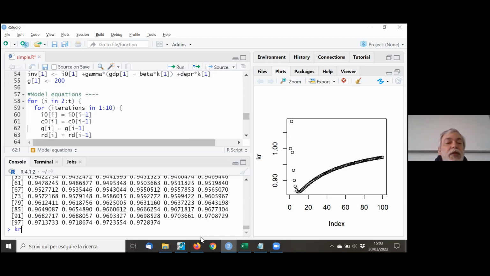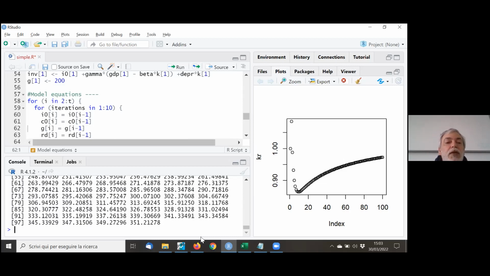Let's look at investment, which we called in. And in is not going to 0.